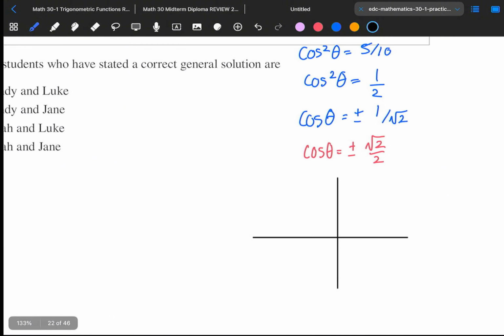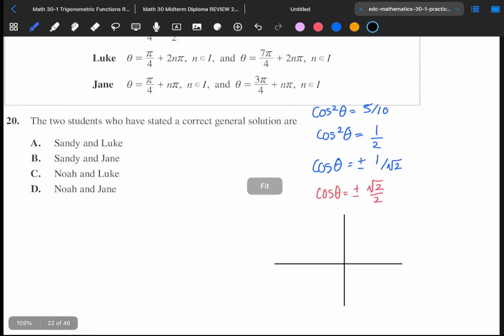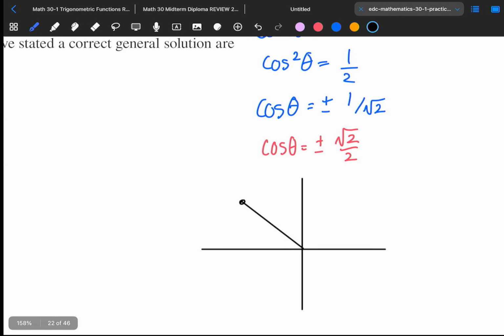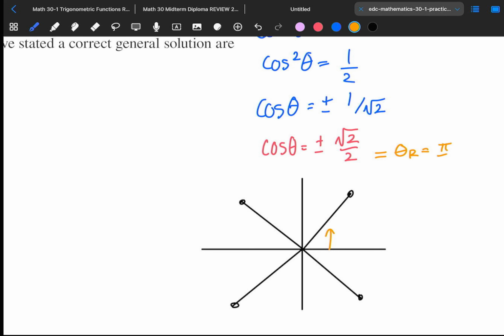So I just drew out all these angles here. Since we can be in all quadrants, there are a couple of solutions possible here. And remember that when cos theta is equal to root 2 over 2, our reference angle is going to be pi over 4.